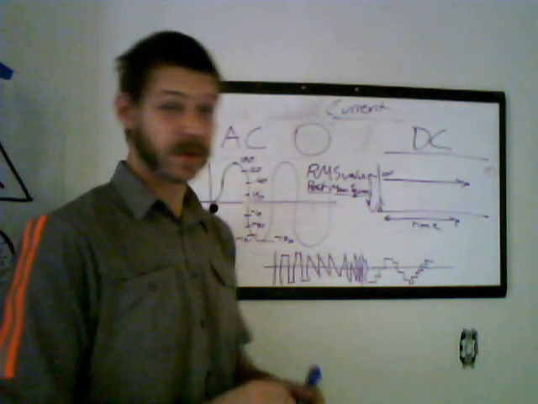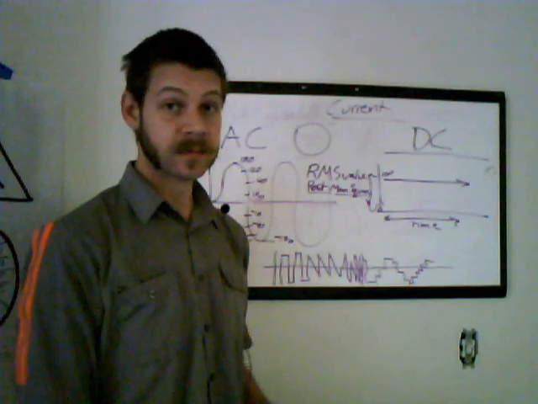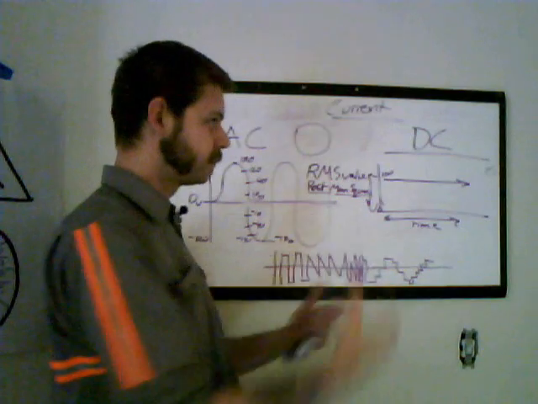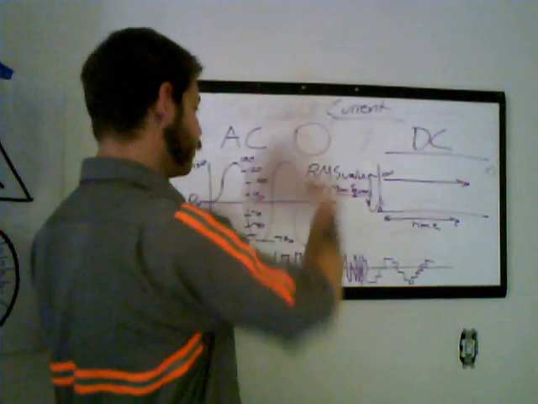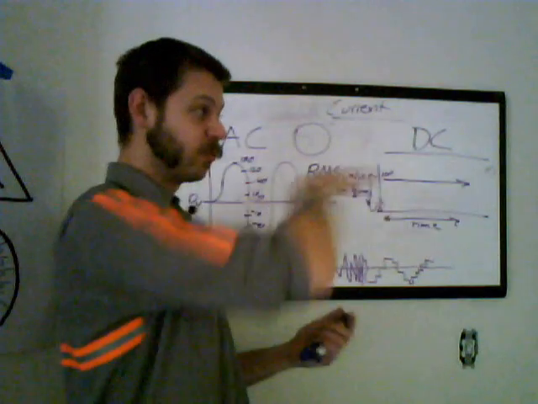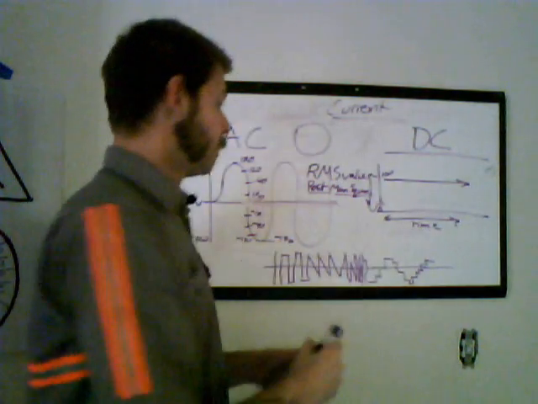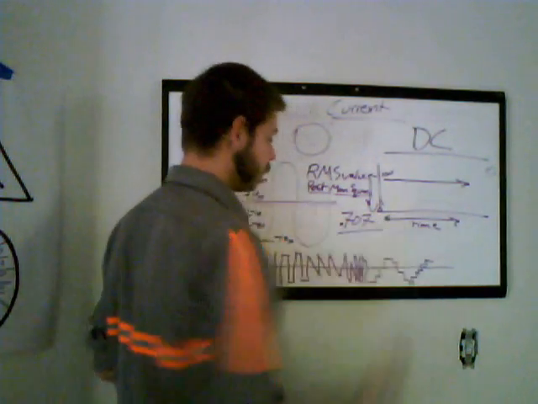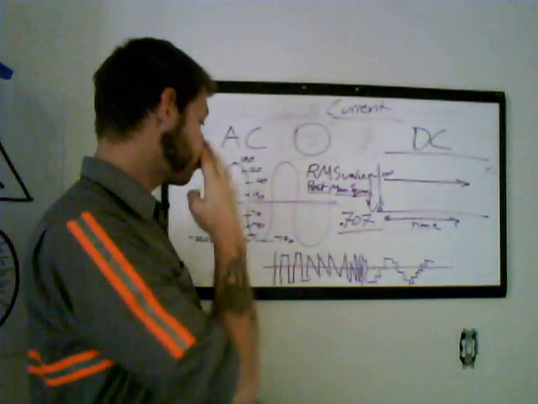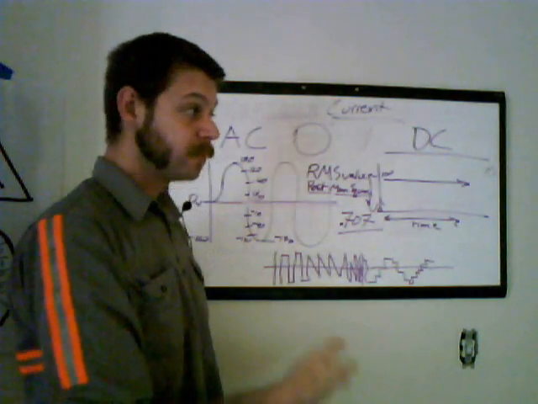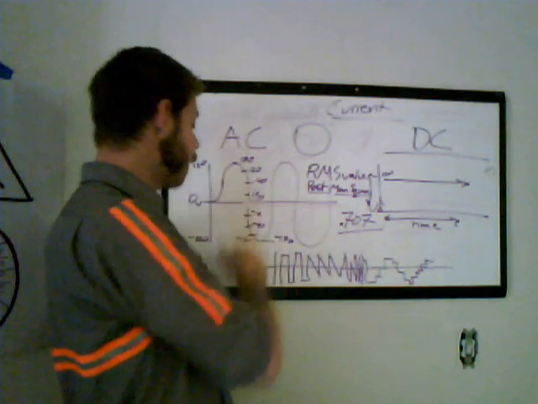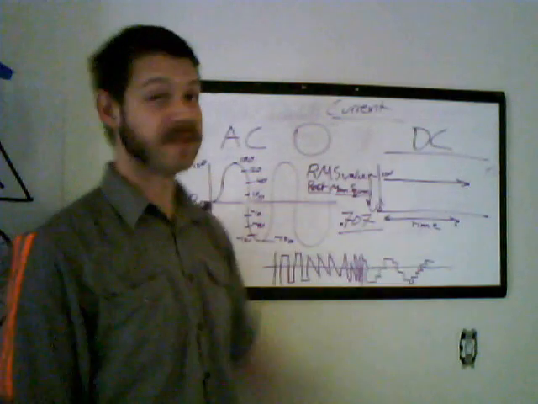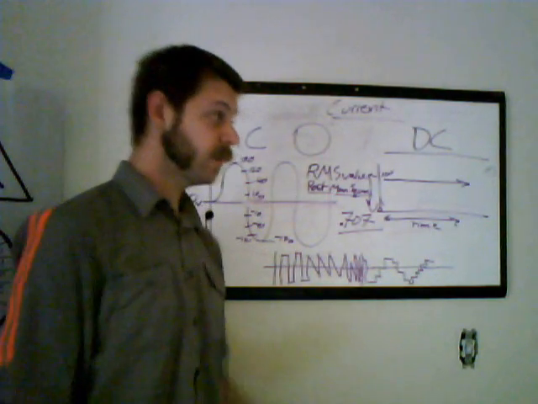That means you take the square root of the mean of the squares. Squaring turns everything into a positive number, averages it out, and gets the root of that. The magic number for a sine wave, and the one you'll use most often, is 0.707. For 120 volts, you take the peak value and multiply by 0.707 in a regular sine wave, and you'll get the RMS value. And there you go.